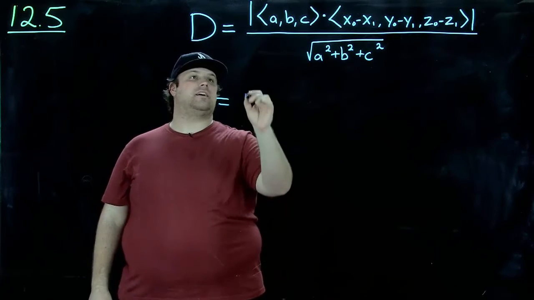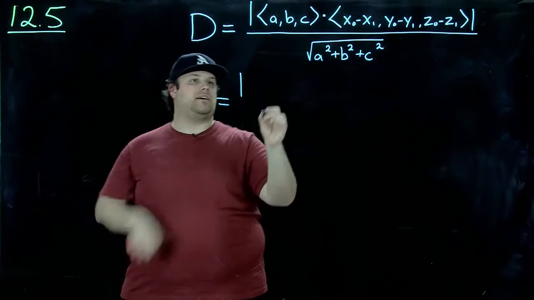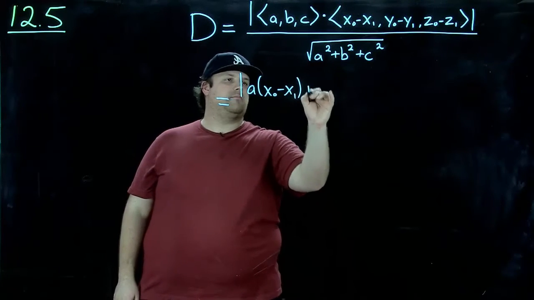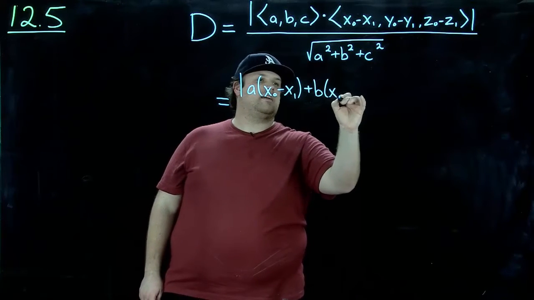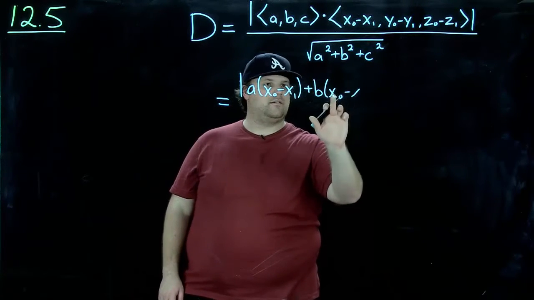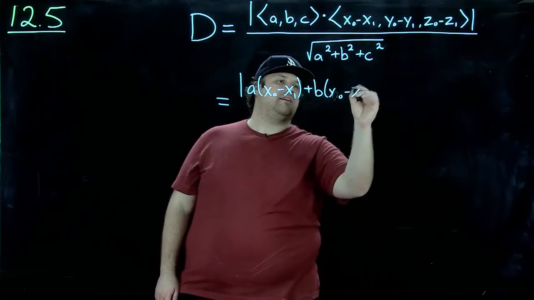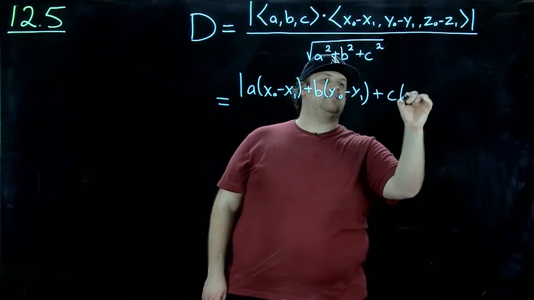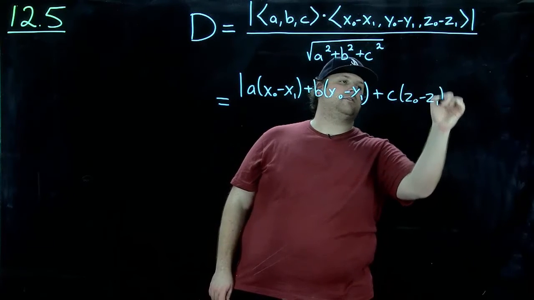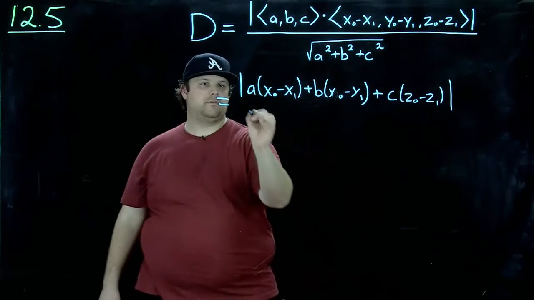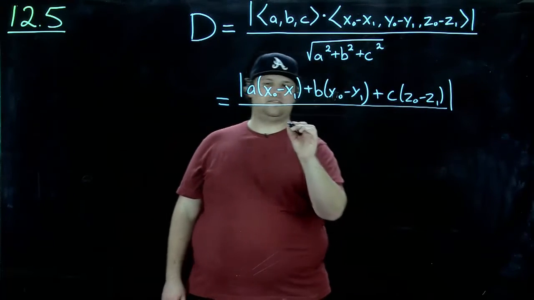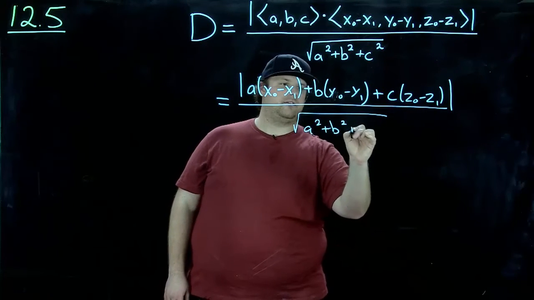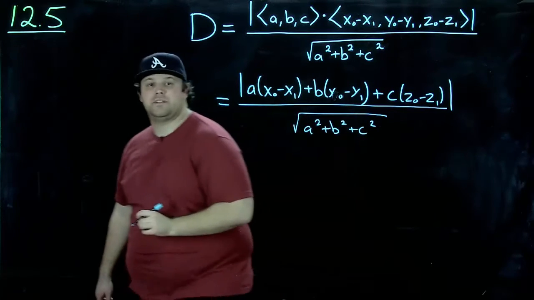So if we do this dot product, we find A, x naught minus x1 plus B, y naught minus y1 plus C, z naught minus z1. Absolute value. And of course, we still have this square root, a squared plus b squared plus c squared floating around here.